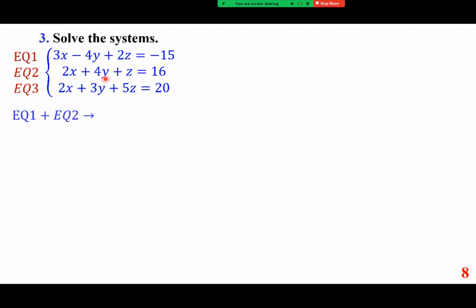Equations 1 and 2, these two cancel each other. 5x plus 3z equals 1.